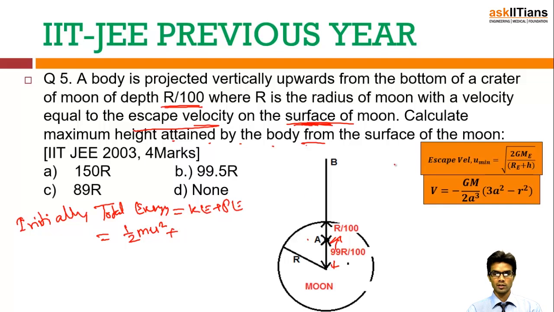Potential energy will be this, minus GM by 2R cube, into 3R squared minus r squared, where R is the radius and r is this distance, 99 R by 100.